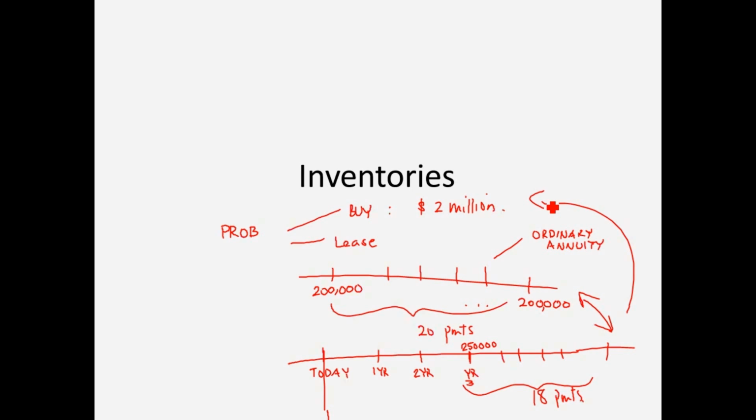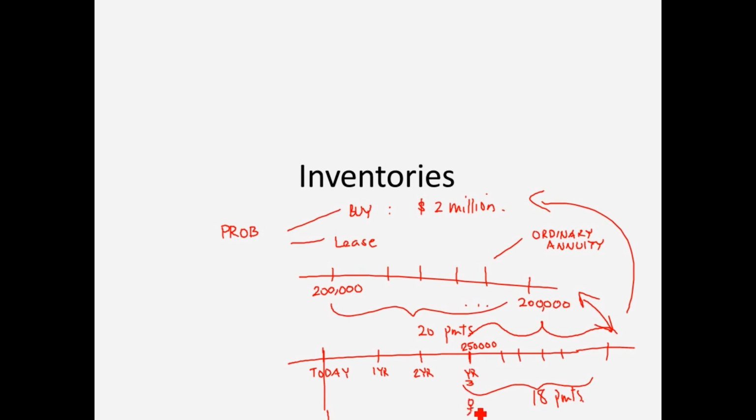So that's not relevant. The issue is now, of course, there's a cost of waiting and the cost of fewer payments. How do I do this problem? Okay, so I could pretend I'm standing right here.